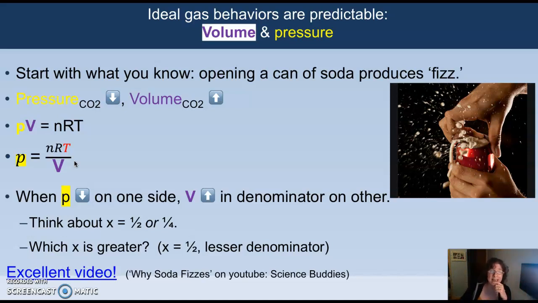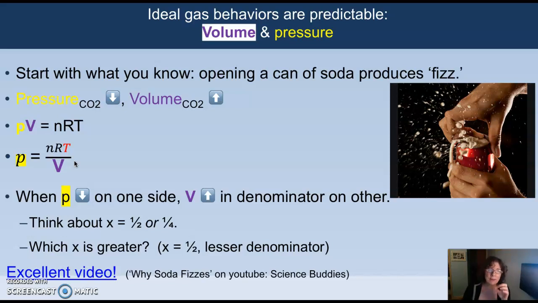So in this case, the pressure of the CO2 is decreasing when it's got more area to cover, and the volume of the CO2 is expanding out. The pressure is decreasing, click, and the volume of the CO2 is expanding out of its pressurized zone. That's what you know intuitively.